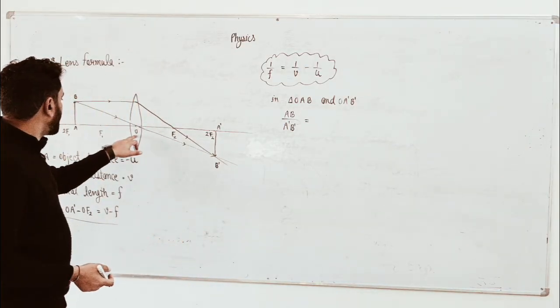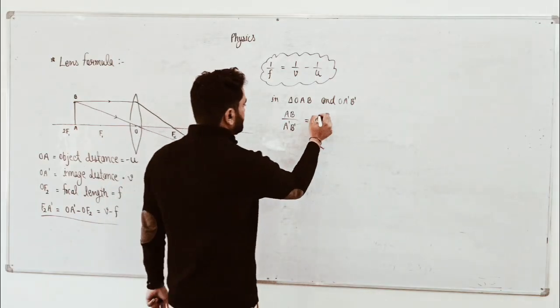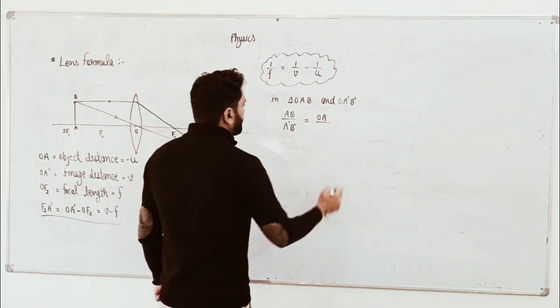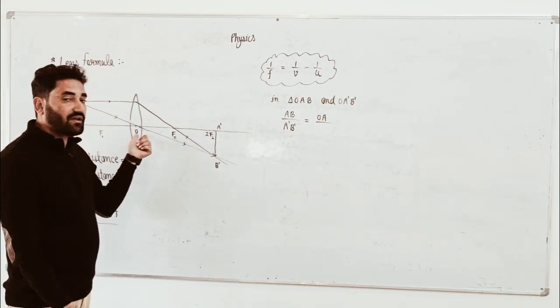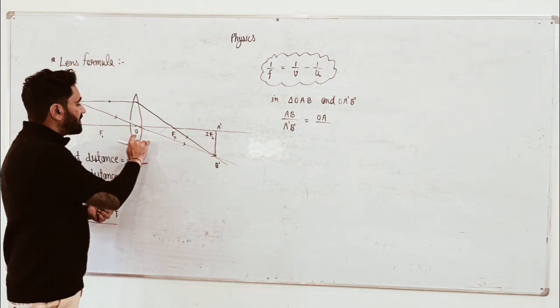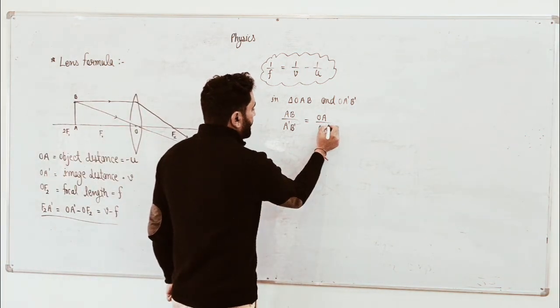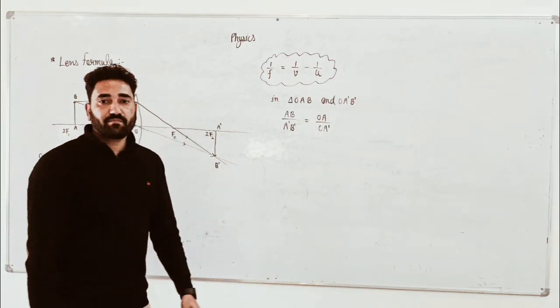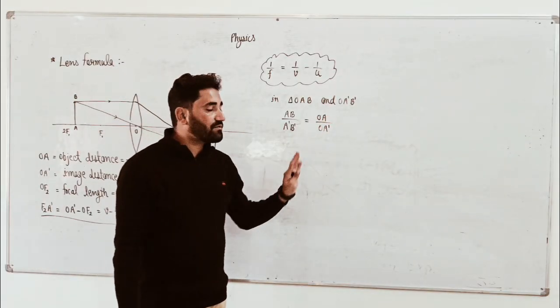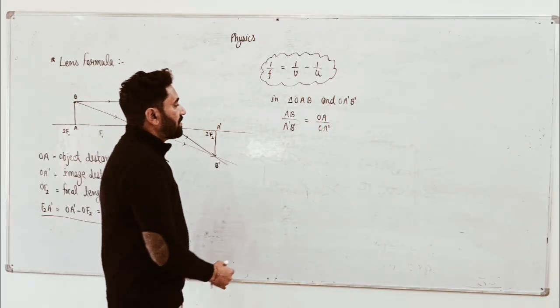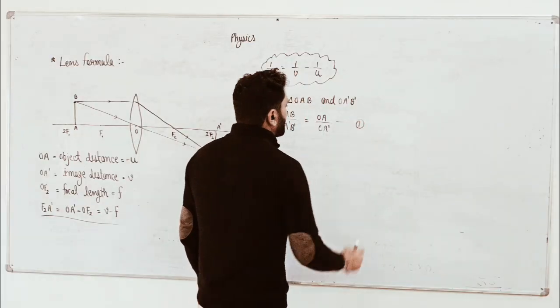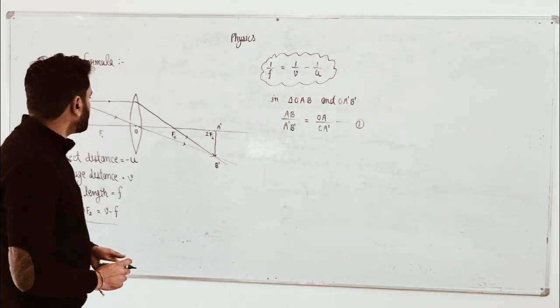The first side we are taking is OA, then similarly the second triangle will have its OA dash. So AB upon A dash B dash will be equal to OA upon OA dash. We denote it by equation 1.